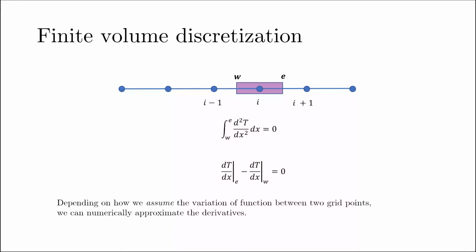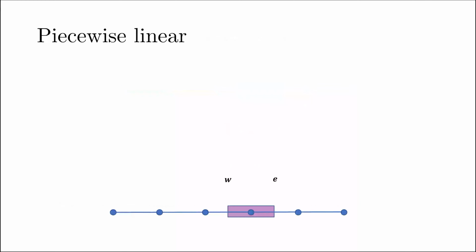That doesn't really hold true in finite volume. If the function is linear, we would have one kind of derivative. If the function is a different polynomial, it could be another kind of derivative. So depending on how the function might vary between two grid points, these derivatives might change. A good starting point to tackle this problem is to assume that the function varies piecewise linearly between any two grid points. The grid points word is more important.